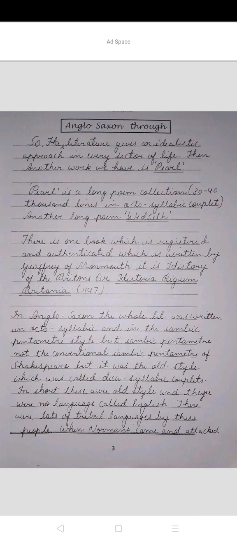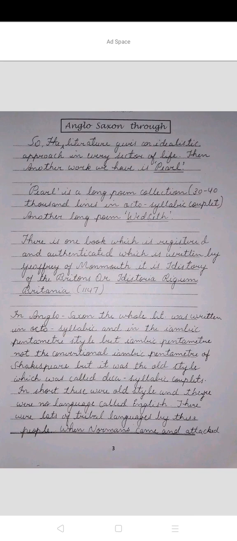Then another work we have is Pearl. Pearl is a long poem collection, with 30 to 40,000 lines in octosyllabic couplets, and there was also another long poem, Wetset. There is one book which is registered and authenticated, written by Geoffrey of Monmouth.